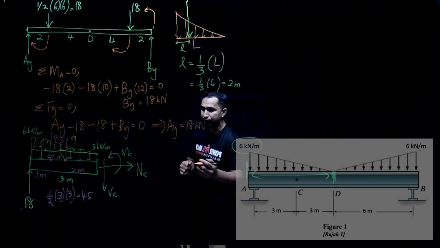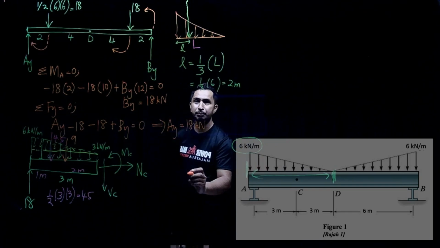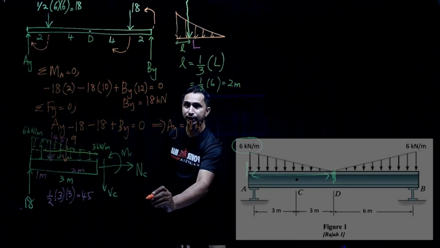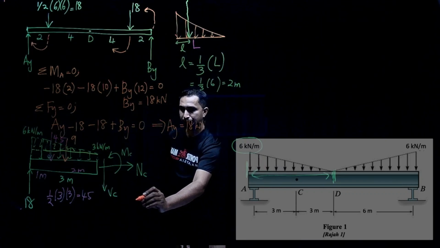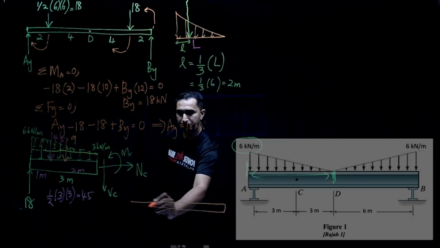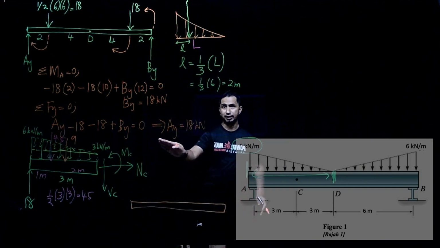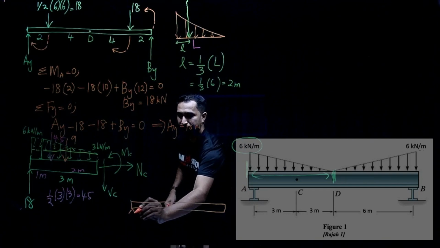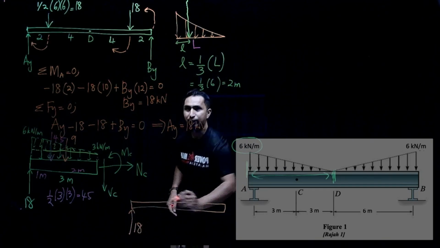So if I draw it back, it will be something like this. Okay, this is our beam. If I draw it back to make it clear, this is 18, AY.